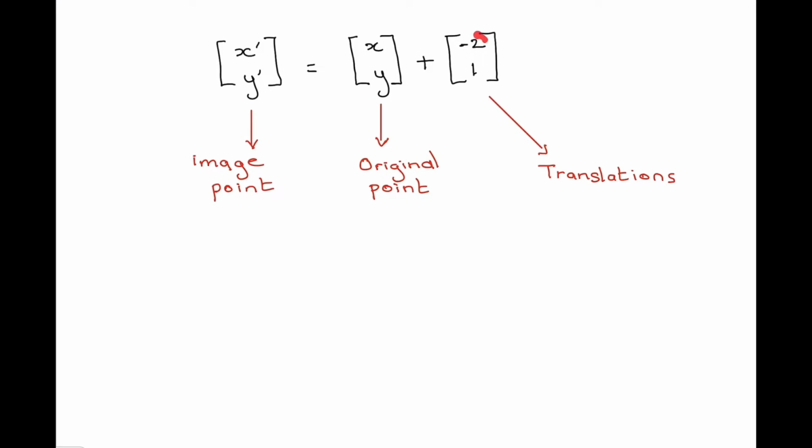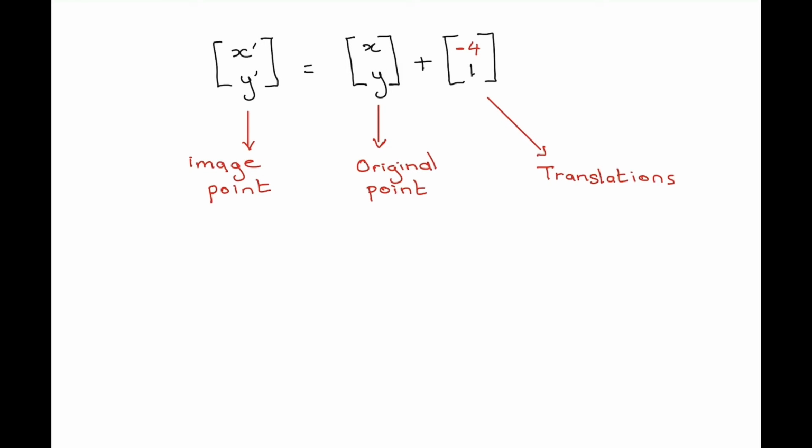Any number in this position is added to the x value, and so it represents a horizontal translation. If I change this to a positive 1, then that would be a translation of 1 unit to the right. If I change it to a negative 4, then it would be a translation of 4 units to the left.